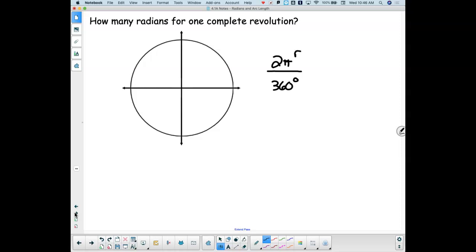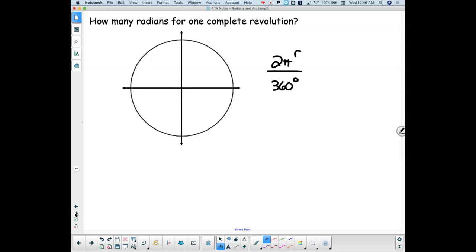Is that a reducible fraction? Pi, just pi, right? Because R is the label, if you will.